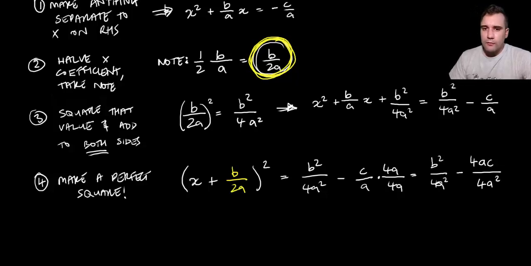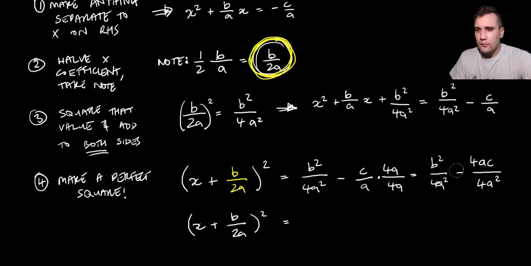So what we're then left with is x plus b on 2a, squared, is equal to, and now because these terms are over the same denominator, we can just join them together over the same denominator.